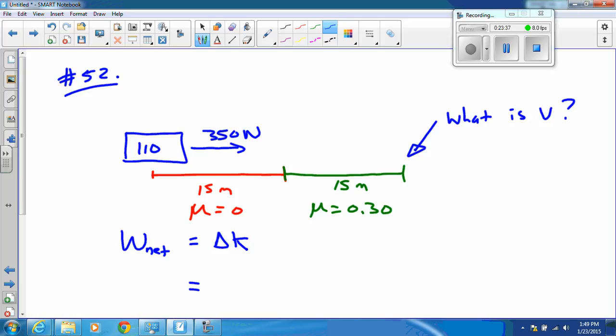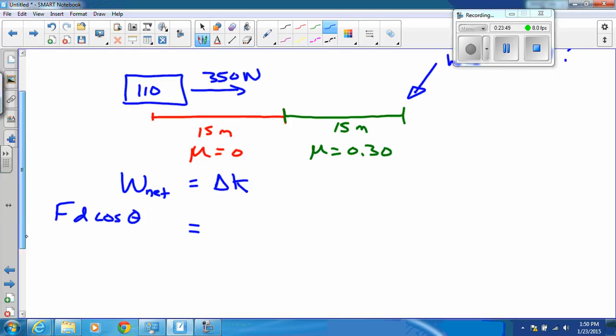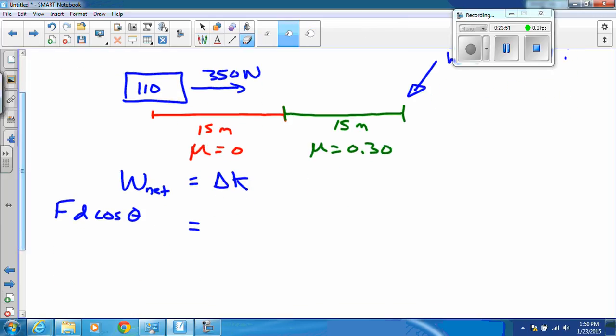I did the works, both of them, as force times distance times the cosine of the angle, and the first one being 0. And I did that for friction, and for the force as well. Good.